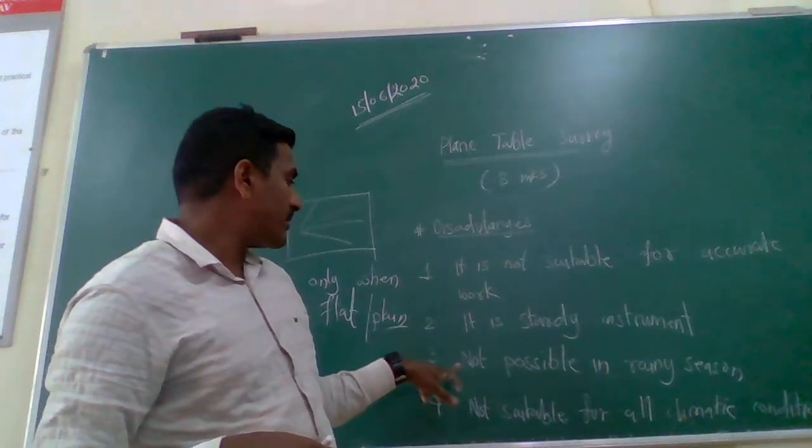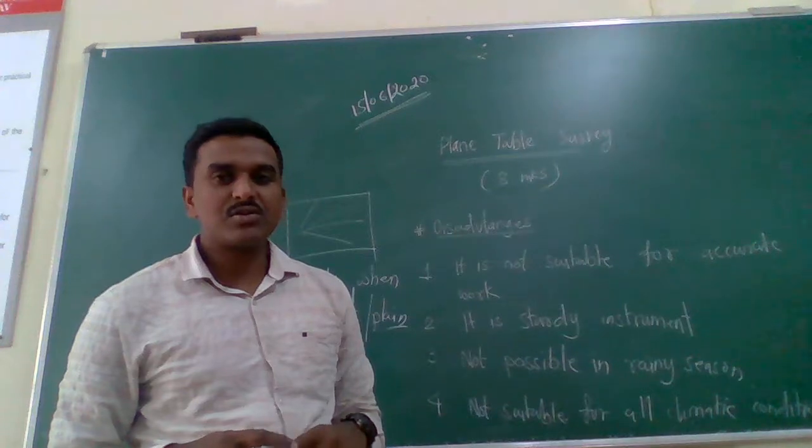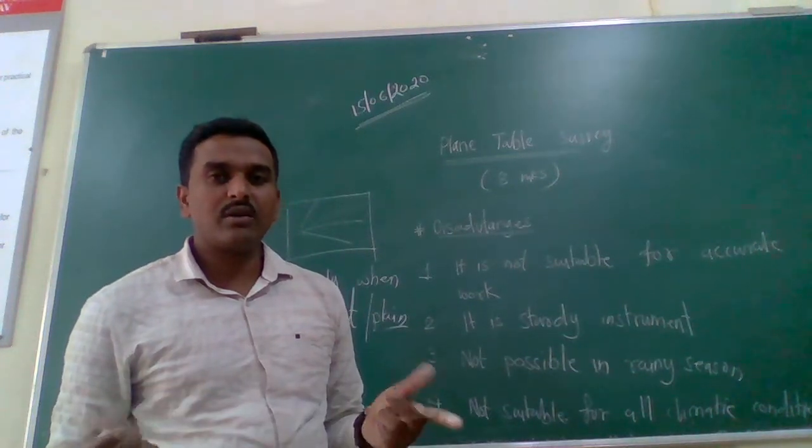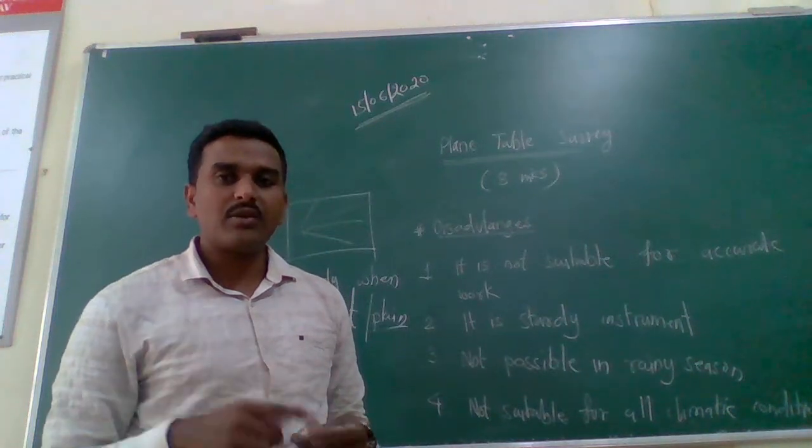The third disadvantage is it is not suitable in rainy season. Plane table survey is not suitable in rainy season because we need a clear sky for plotting and for visibility of the object.